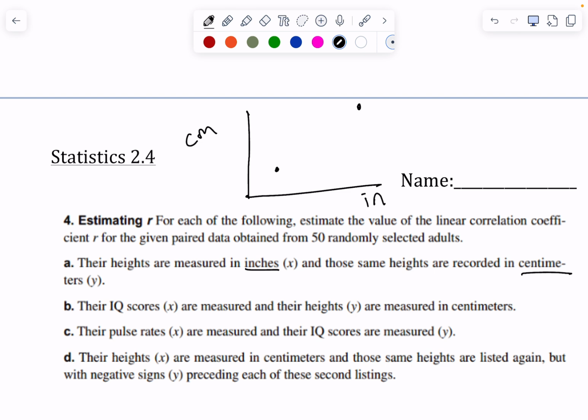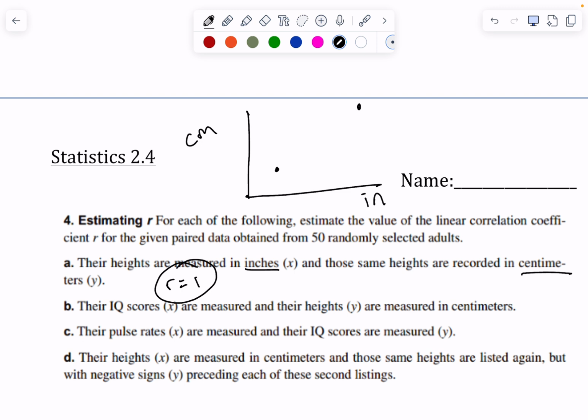That should be very strong, because one is directly reflecting the other. Inches to centimeters should be exactly the same on the chart, unit by unit. So what would that R value be close to? Probably 1, because it is a very strong positive linear correlation.